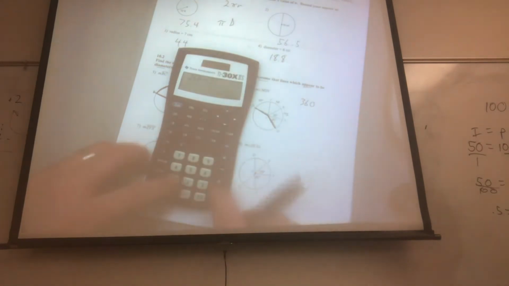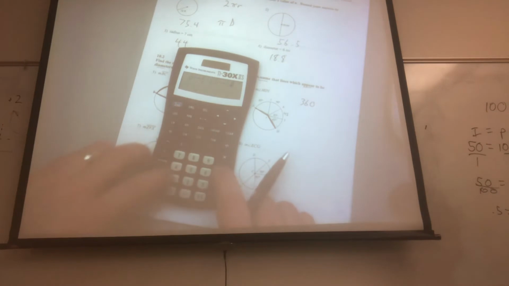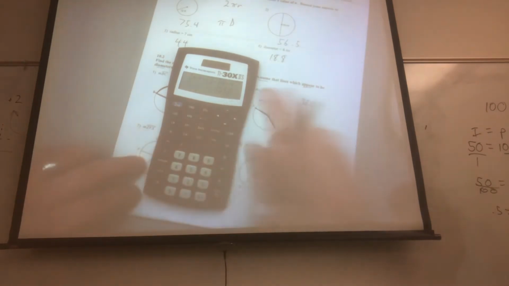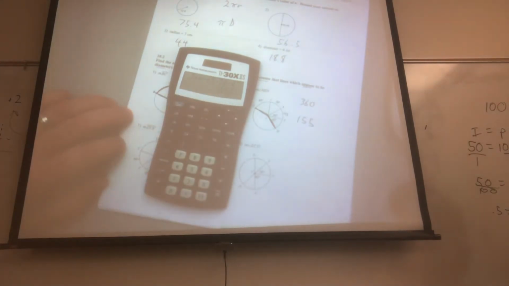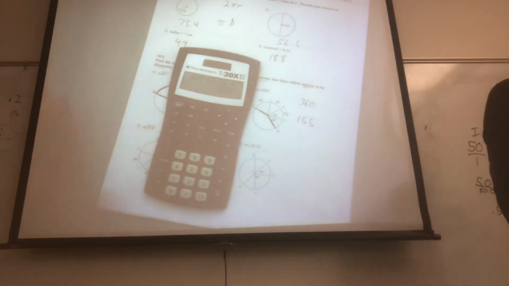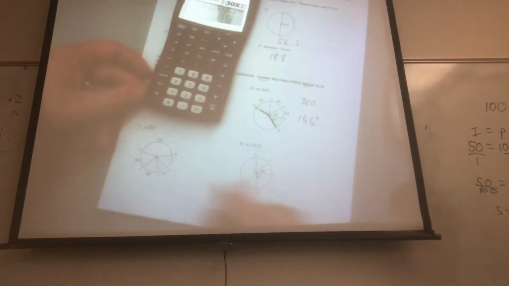Then the next one here is 50, so minus 50. The next 2 are 45, so minus 45, minus 45. We hit enter. That's 155. It says 0.0 because I've still got it rounding to a single decimal place, but it's not necessary. This is a 155 degree angle.